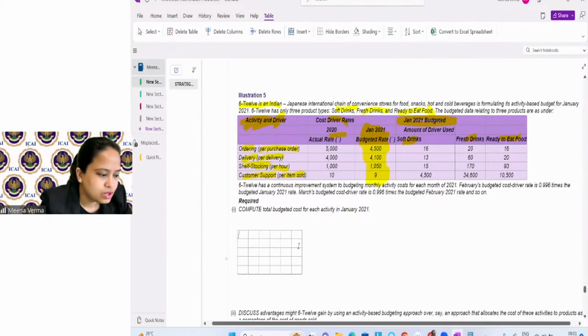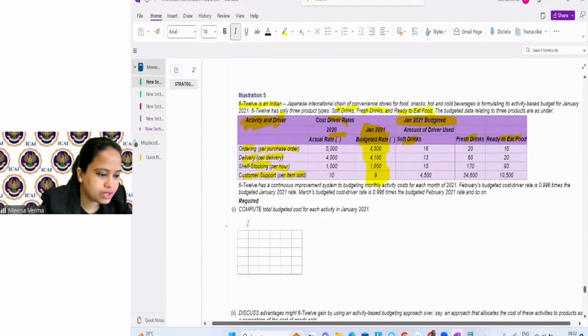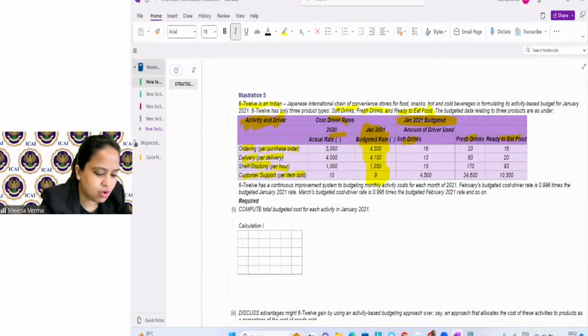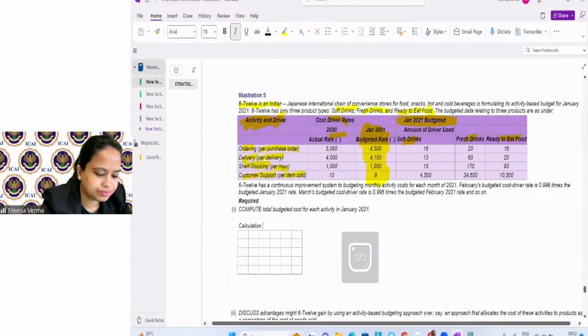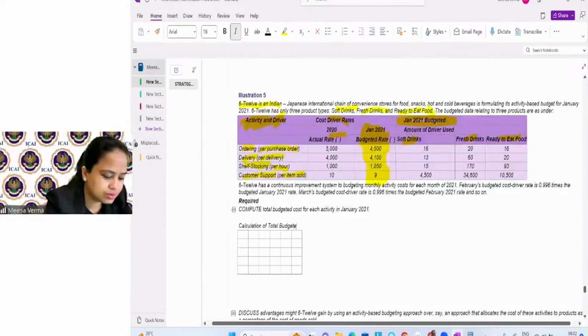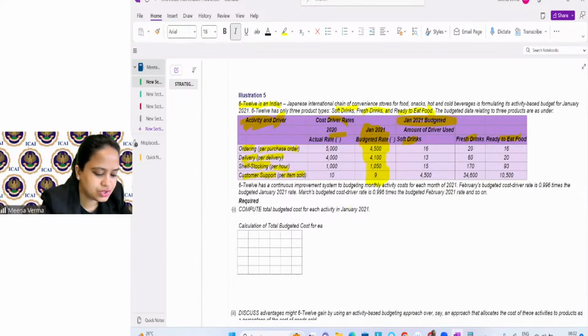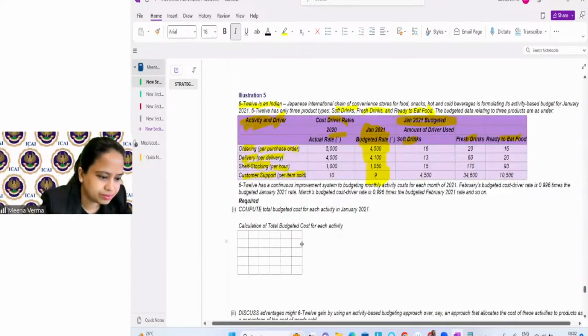So what we are doing here is calculation of total budgeted cost for each activity.